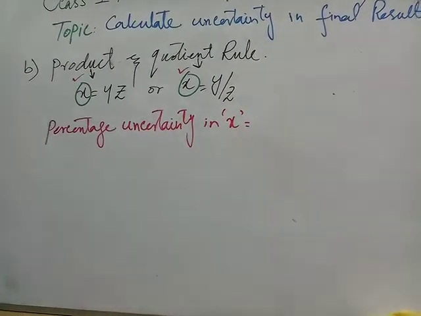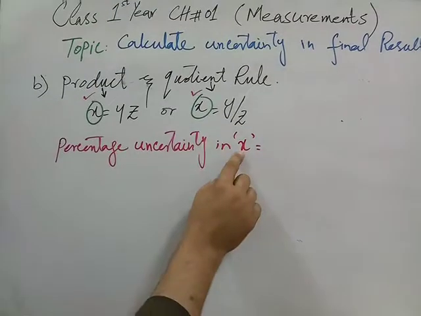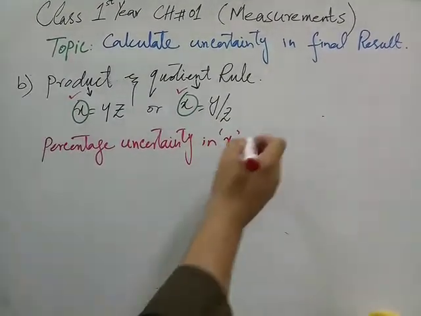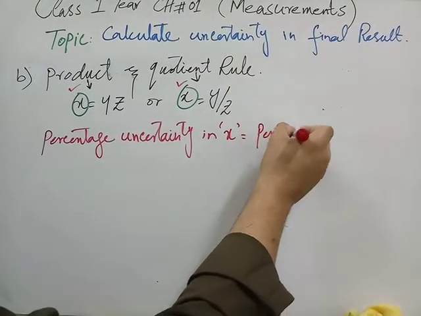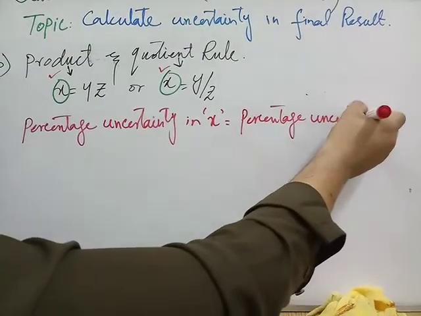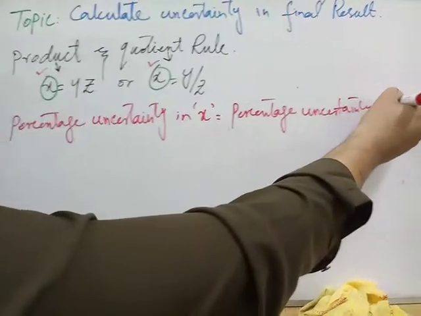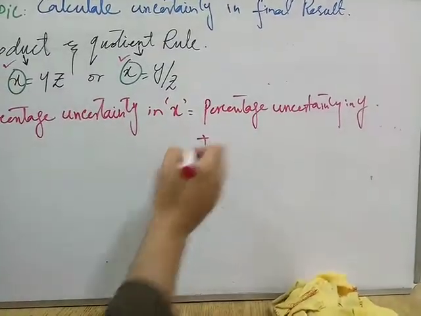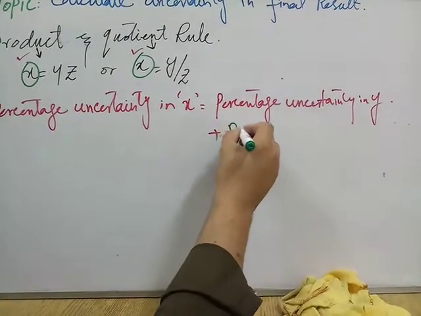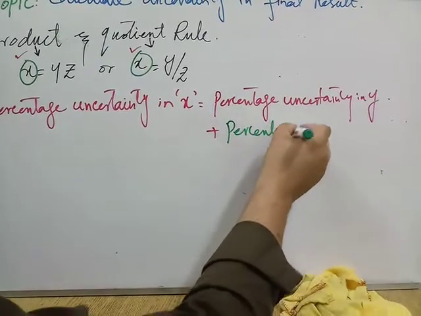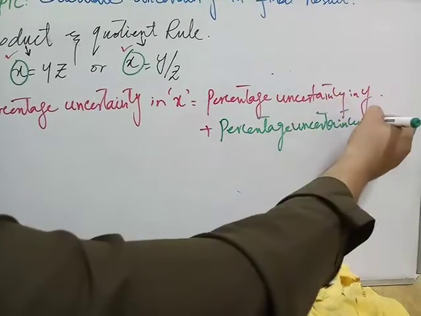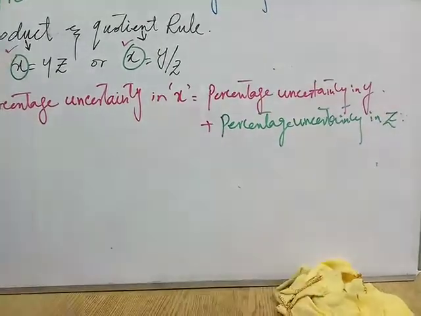So percentage uncertainty in x is equal to the percentage uncertainty in y plus the percentage uncertainty in z.